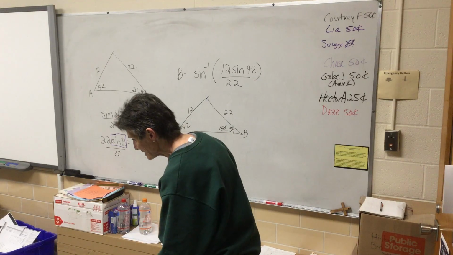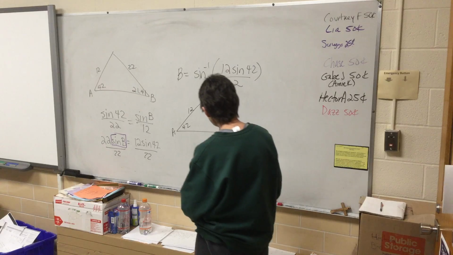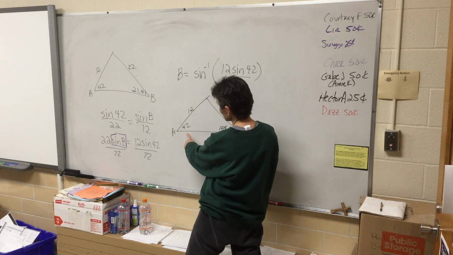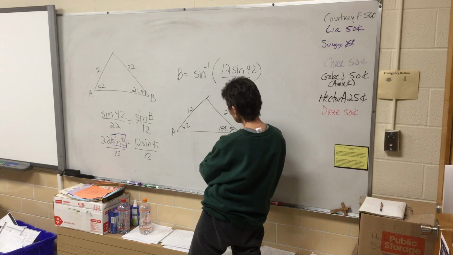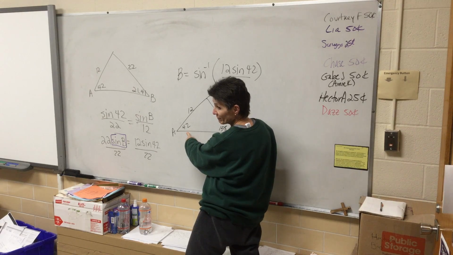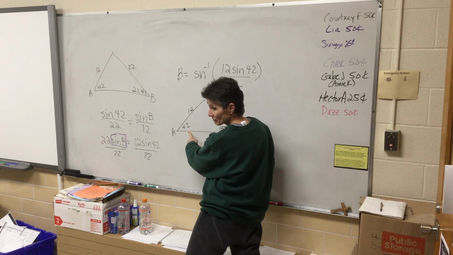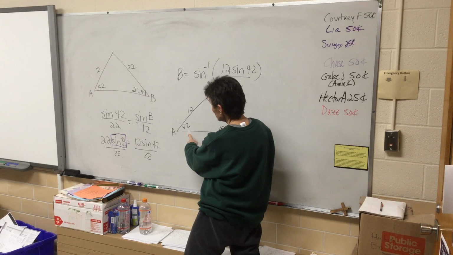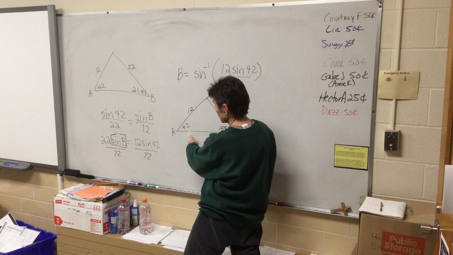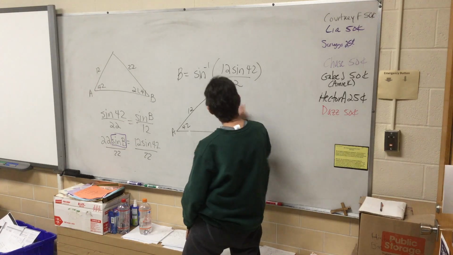Then you've got to stand back, though, and say, is this possible? Can I have an angle of 158 if I already have an angle of 42? Is that possible? No. Why? Because it's over 180.